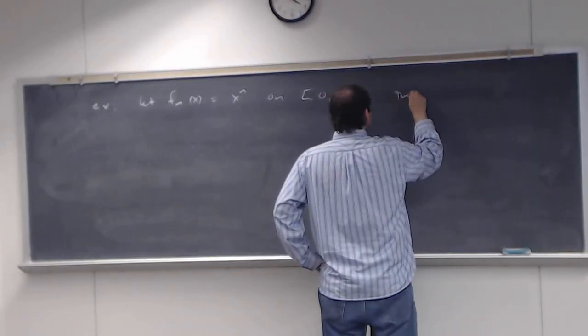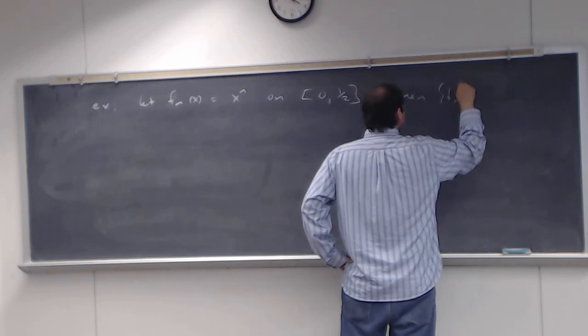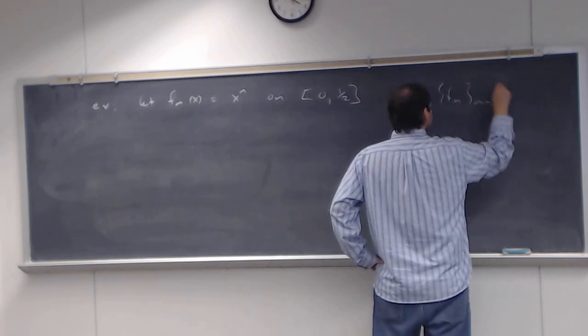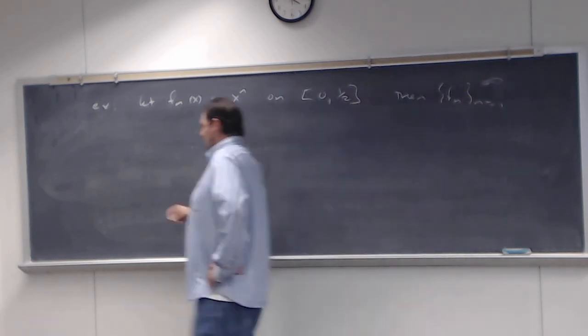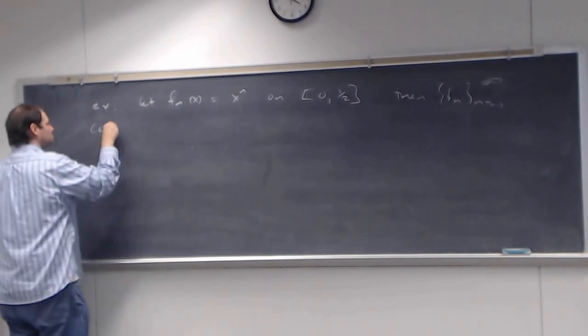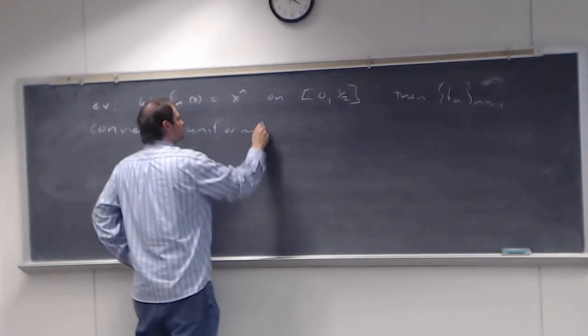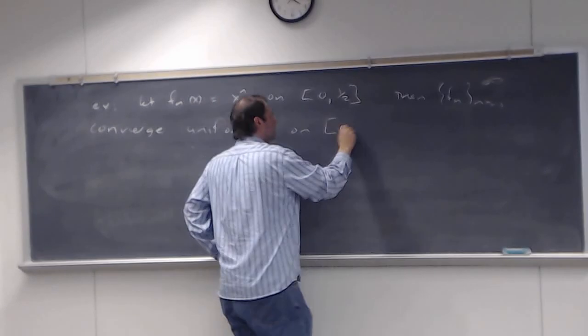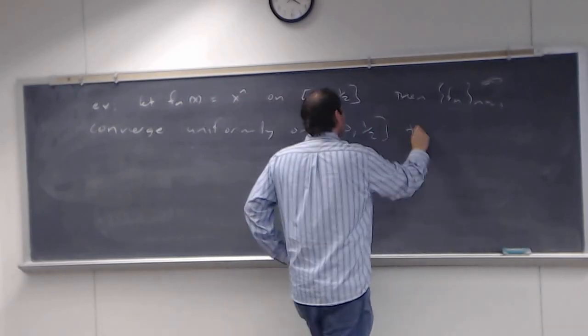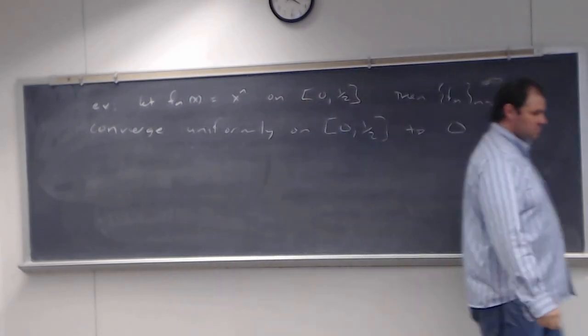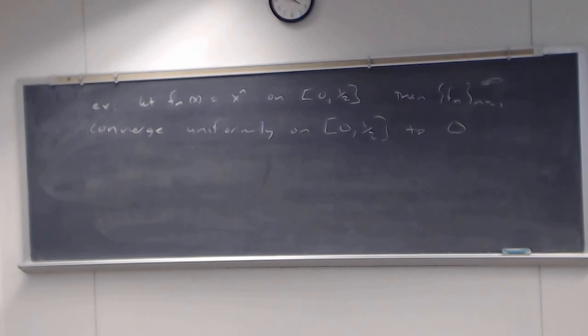Then the sequence of f sub n's converges uniformly on 0 to 1/2 to 0. Remember, I'm trying to get one N to control them all, not that the N would depend on x and epsilon.